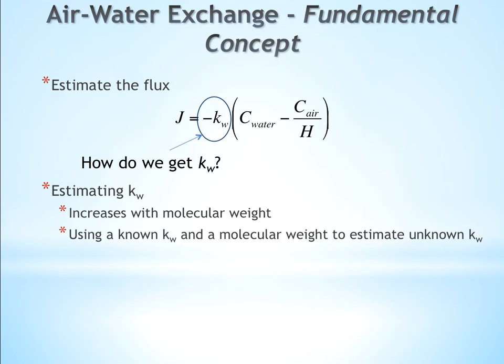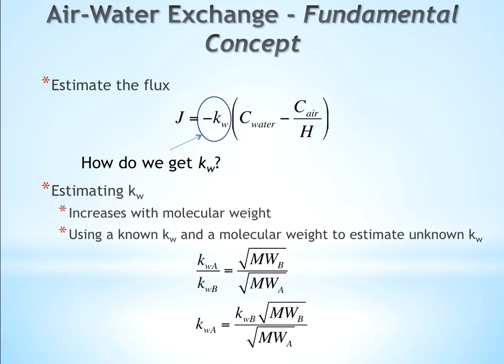So we can use the molecular weight of a chemical that has a known KW to estimate an unknown KW, because we always know the molecular weight of the substance with the unknown KW. Okay, so we just use a cross-multiplying idea where we have the KW of the unknown and the known, and then we have the molecular weight of the known over the molecular weight of the unknown, and rearrange that equation to solve for the KW of the unknown.